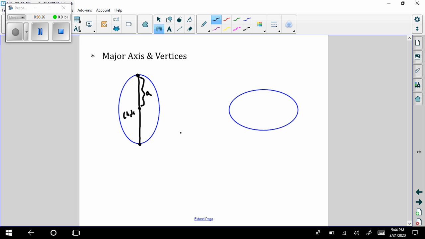Okay, so for this case, my H isn't changing because I'm not looking left or right. That major axis is going up or down, so it's going to affect the K value. So in this case, my vertices would be found by leaving my H and taking my K plus or minus the A value.